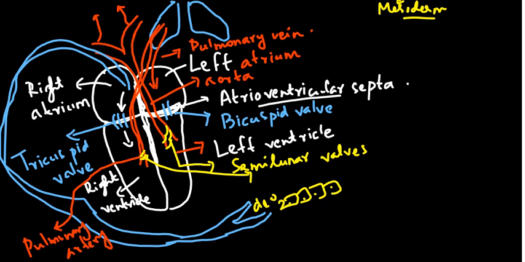Now there are some autoregulatory tissues present in the heart. One is present in the right atrium, and this tissue is called the sinoatrial node or SAN.